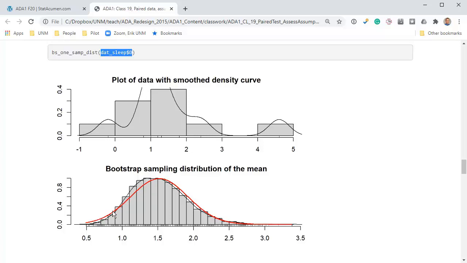Our gray curve, because of this one outlier out here, whenever it is included, we get a larger mean than when it is excluded from our bootstrap resample. And so we end up with a black curve that is right skewed. You can see this longer tail on the right-hand side and the short tail on the left. So the sampling distribution is not symmetric.